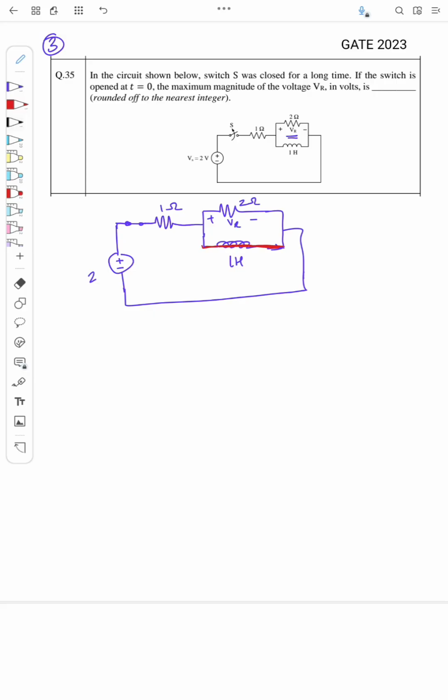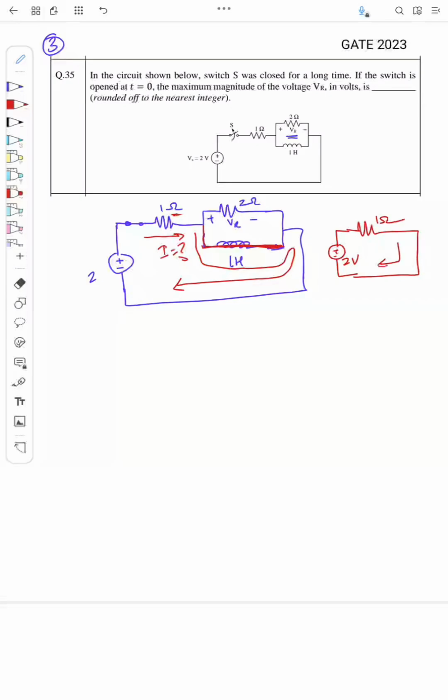So whatever the current flowing like this, it will flow through the inductor and come back to the source itself. So what is this current I? Since this is short, what is the effective resistance here now? 1 ohm, right? It is like 1 ohm kept in series with the 2 volt voltage source, so the current I is equal to 2 by 1, or 2 ampere.